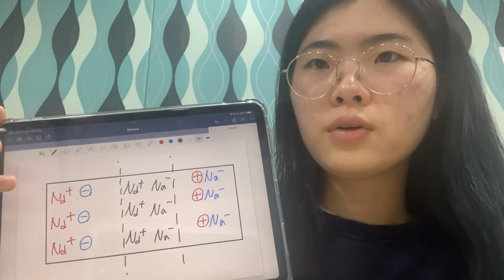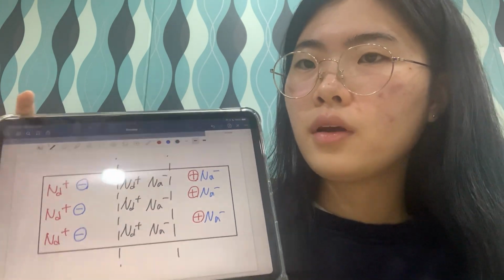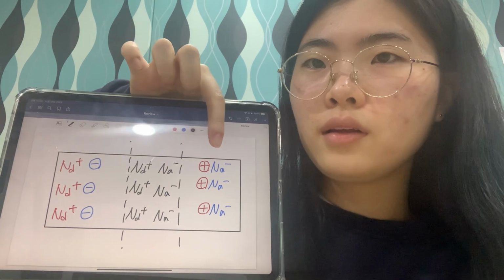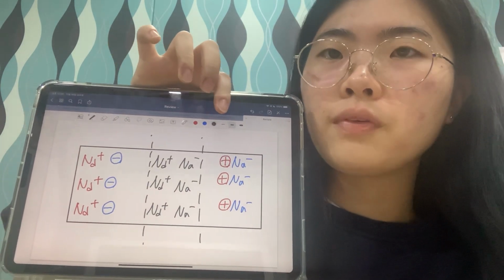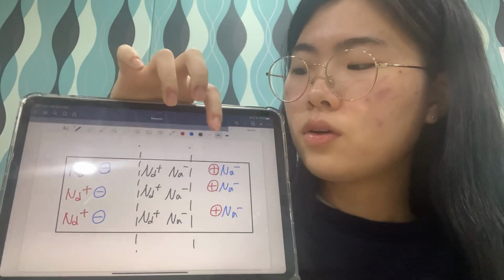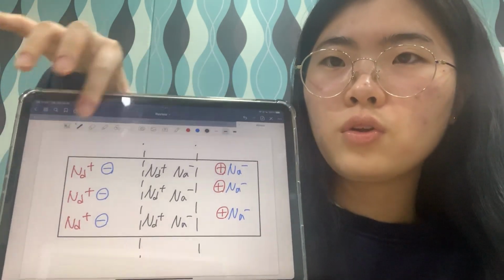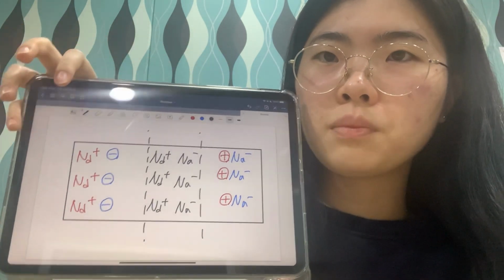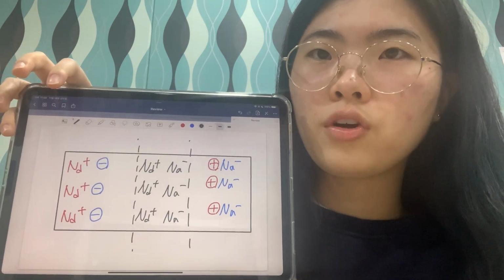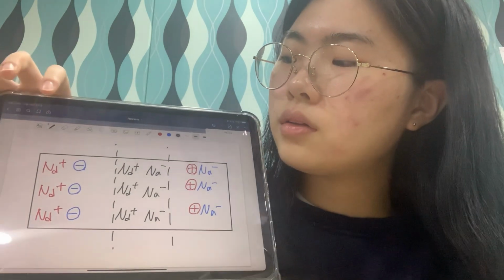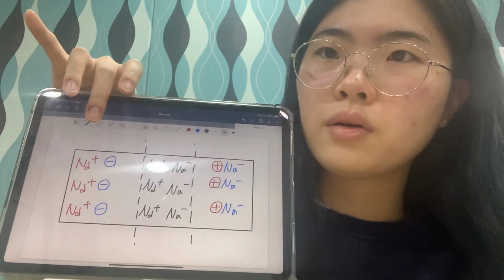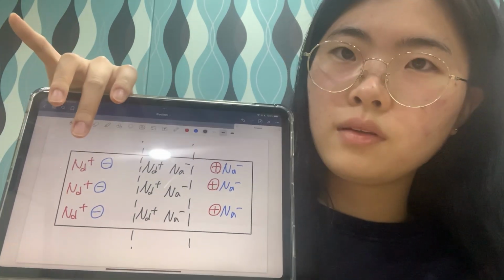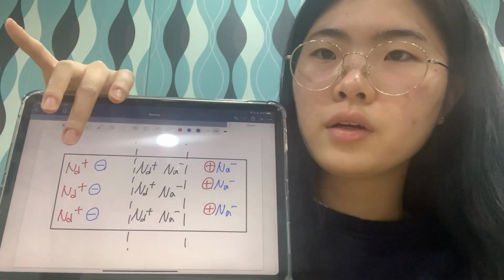The number of electrons and holes is the same. This right side is also the same, the number of electrons and holes is the same. In these two regions, which we call the space charge region, the important thing is that there are mobile carriers here.